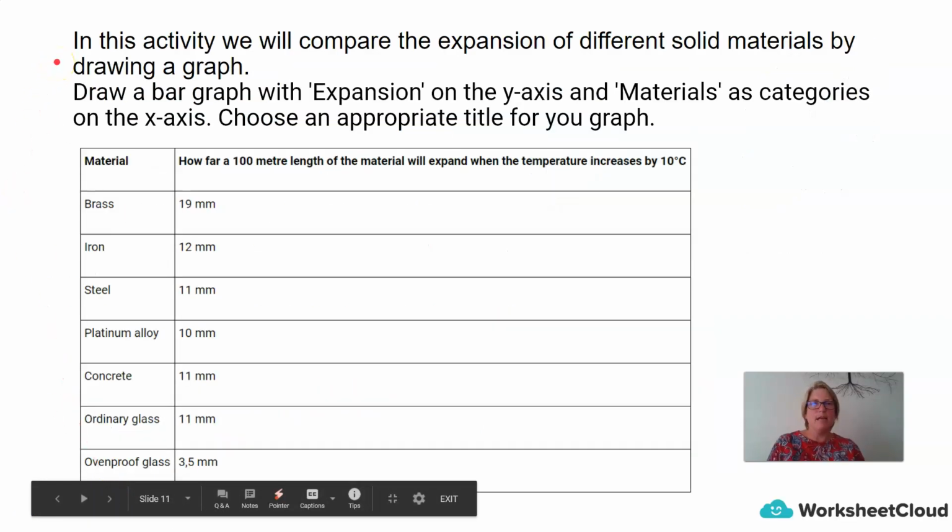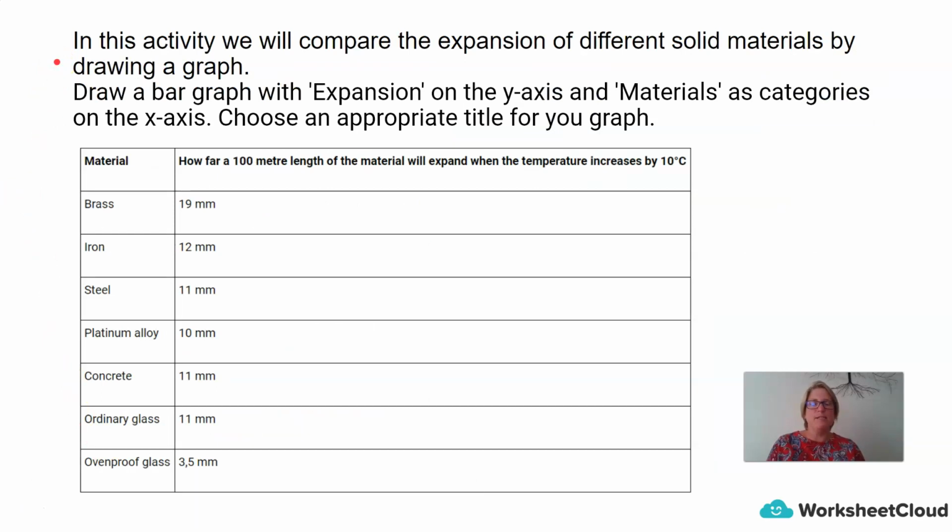In our previous lesson, I left you with an activity of doing a graph where I asked you to compare the expansion of different solids, and I asked you to construct a bar graph where you must put expansion on the y-axis and materials on the x-axis, and we went through graphing skills. So I would just like to recap again on that activity for those individuals that have joined us today.